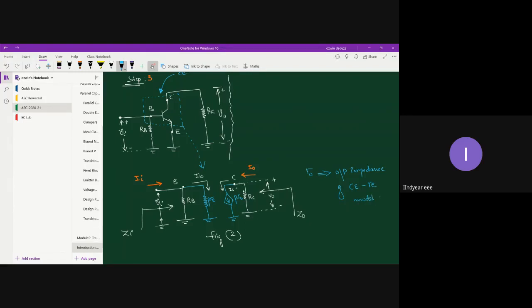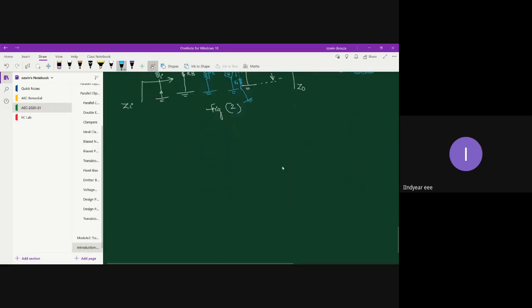So if asked, you can place this r0 somewhere between collector and ground, something like this. Since there is a space crunch, I've just dragged the terminal of r0 somewhere over here. Let me write here: this is r0. Okay, fine. Now let's go ahead with the performance parameters.